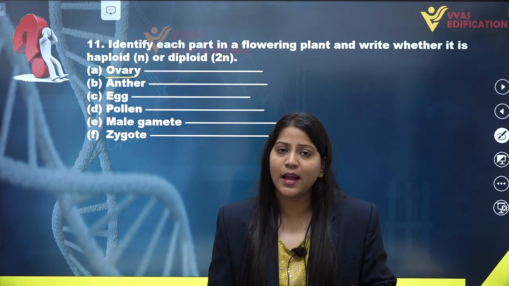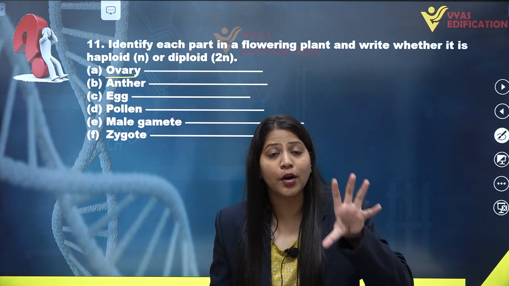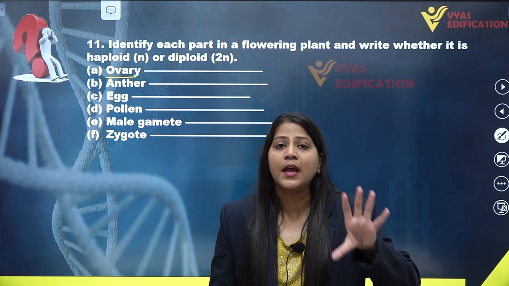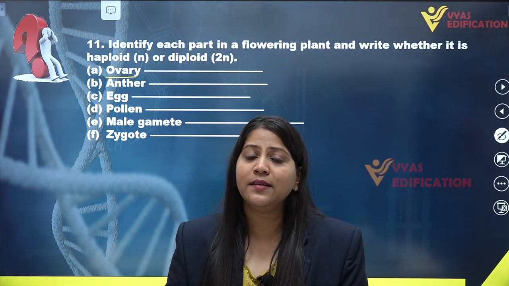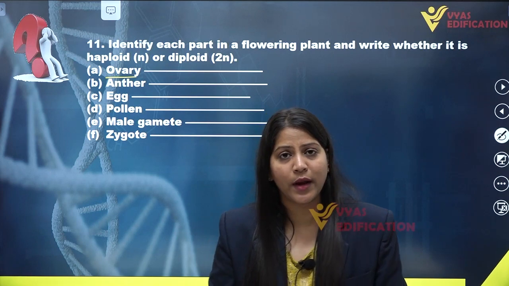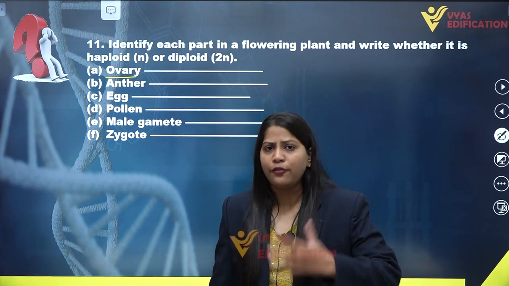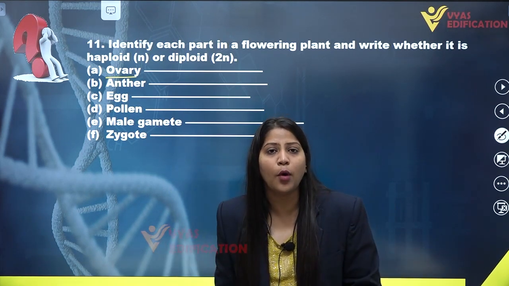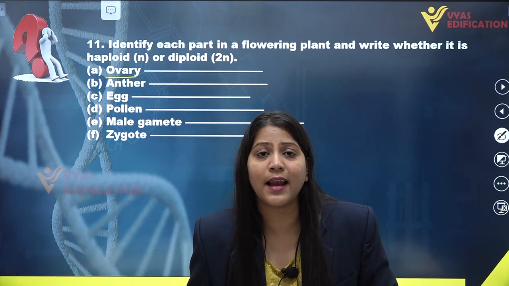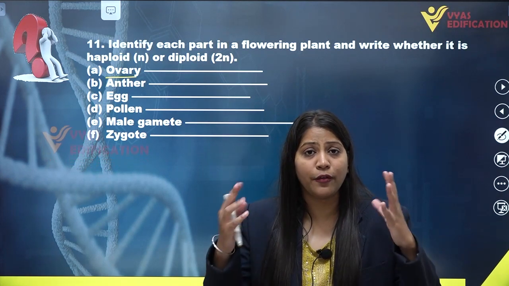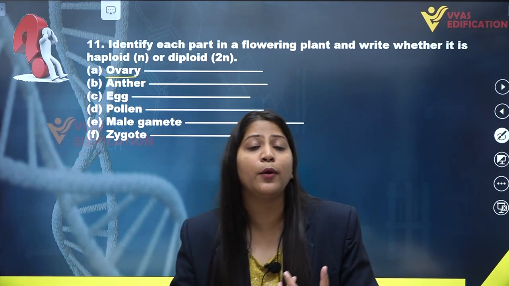And if every cell of that part or organism has a full set of chromosomes, then the part or individual is known as diploid in nature. For example, if we talk about the human body, each and every cell of our body is diploid in nature.